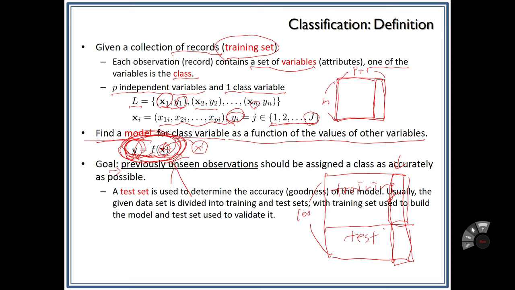So by using this set, we can see how good this model is. Just remember that once we have a data set, we divide it into two parts, training and test. Training is used for finding this model, and test is used to validate this model.